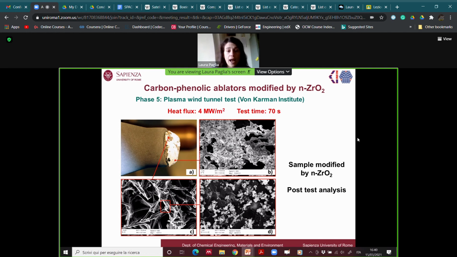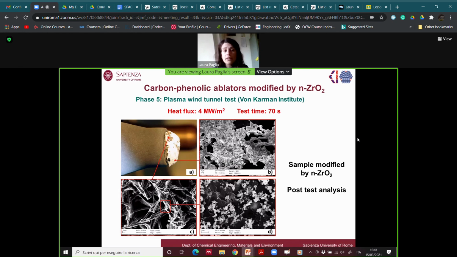Then we have a micrograph of this part of the material in which we do not have this big agglomeration of nanoparticles. But at the same time, we can observe some phenomenon of coalescence on the carbon fiber. When the phenolic resin goes through pyrolysis, and so there is a decomposition phenomenon of the phenolic resin, there is also a coalescence of the nanoparticles.